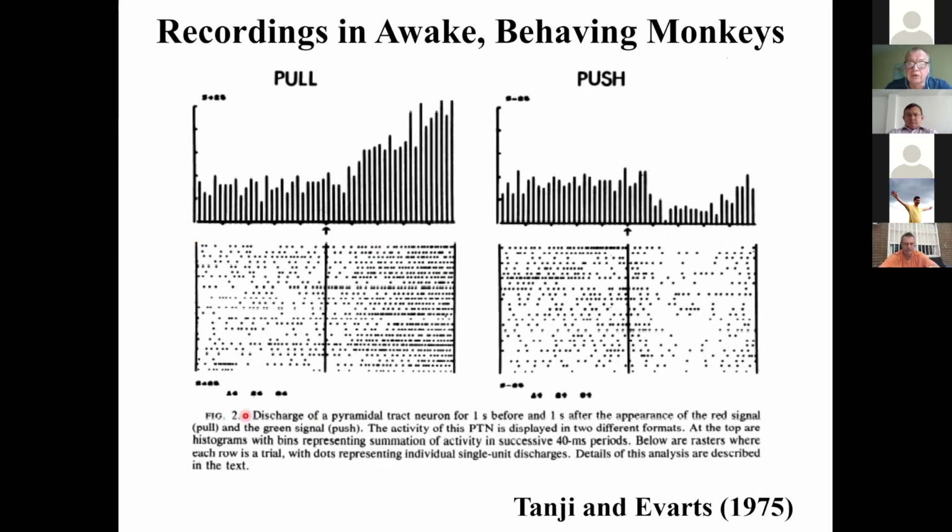This is a raster display, and here each line represents a behavioral trial, and dots represent single unit discharges. Notice also that these discharges are very variable.